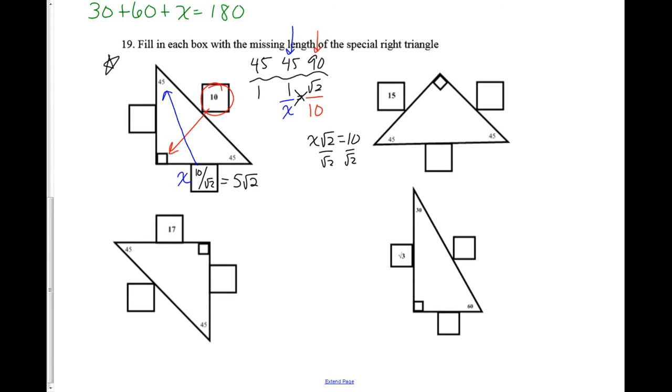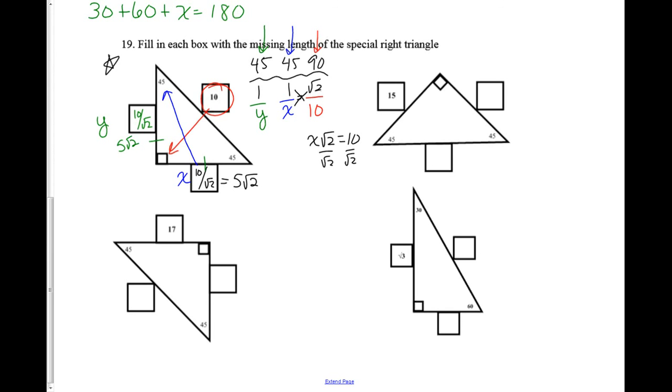Now at this point, if you recognize the triangle is 45, 45, 90, you'll notice it is isosceles. So this side here should be the same as the x we just found. So it's either 10 divided by the square root of 2, or you could have written 5 times the square root of 2. Either answer is fine. If you did not recognize that, then you need to place the y under the 45.